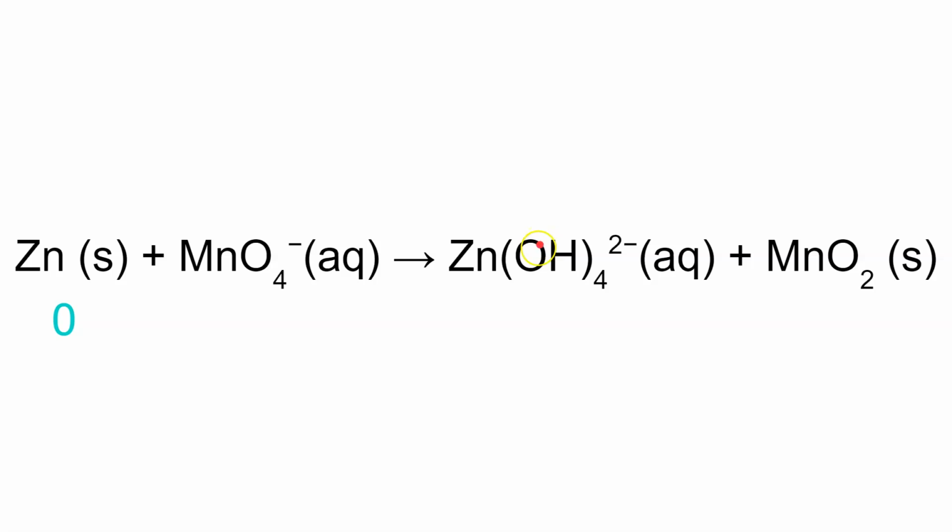Oxygen is generally -2, and in this case we have 4 of them, so we have -8. Hydrogen is generally +1, and we have 4, so we have +4.